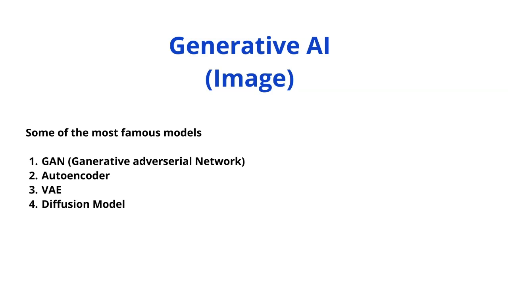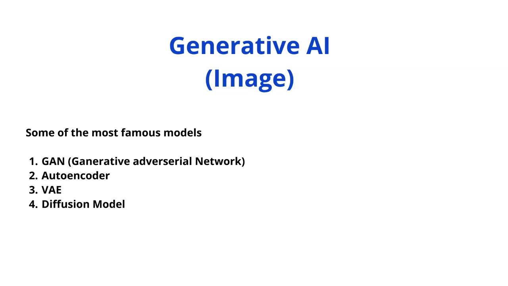The boom of AI has come due to generative AI. For example, the first product that ignited the boom of this AI era is ChatGPT, which is also generative AI. That's why generative AI is everywhere nowadays.